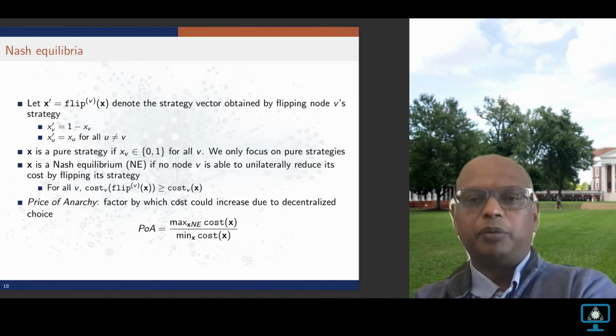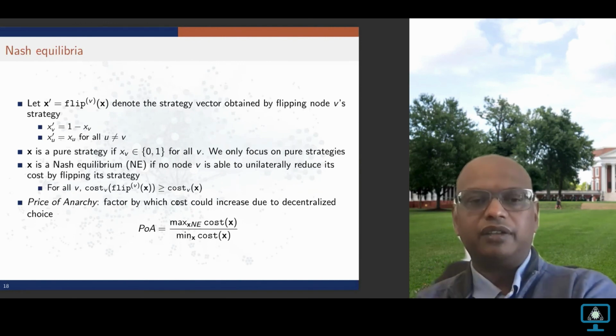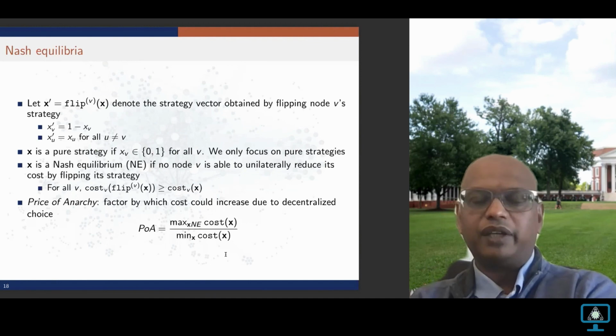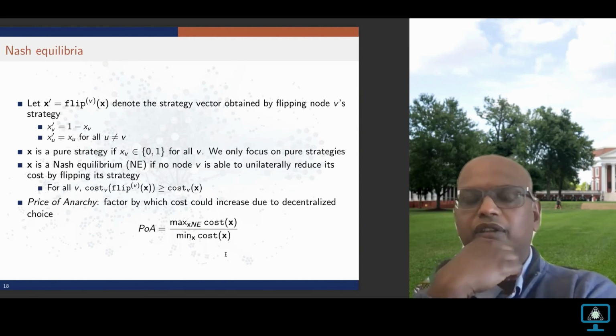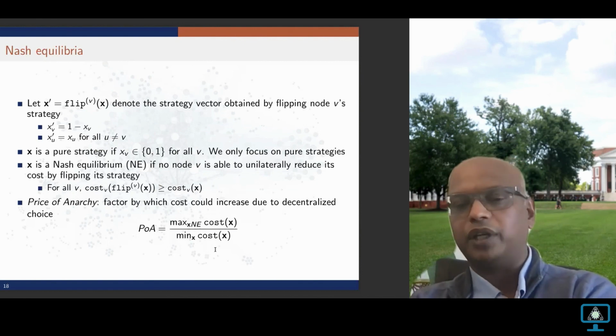A popular quantity in algorithmic game theory is the price of anarchy. It is the factor by which the cost increases by decentralized choice. Just to motivate this, if you had complete control on who gets vaccinated, and the policy planner's goal is to minimize the cost, then you would choose an x which, coming from the denominator, minimizes this cost.